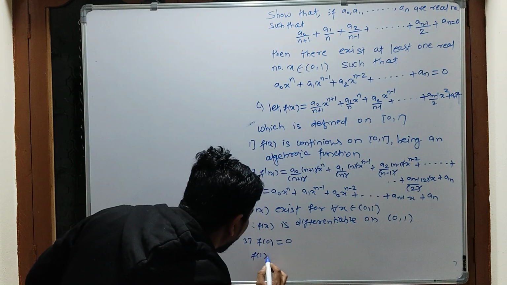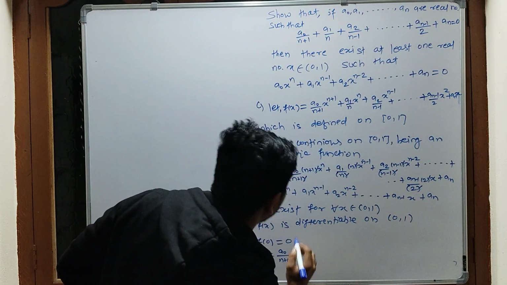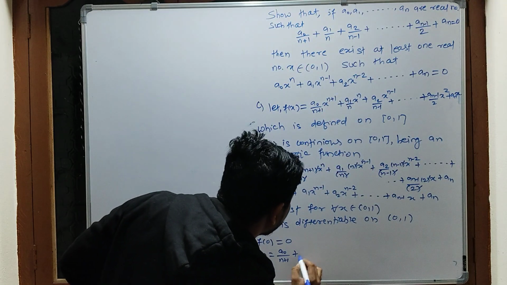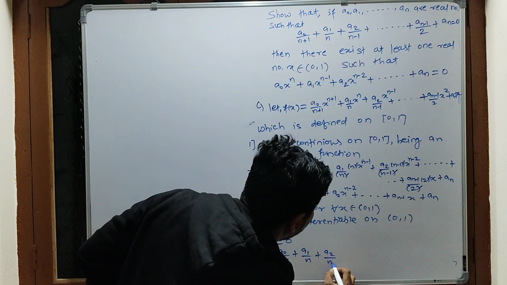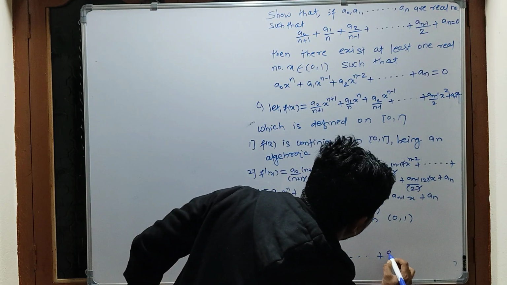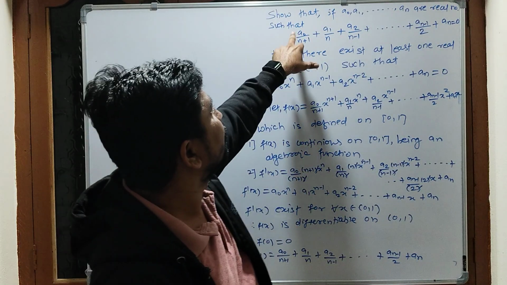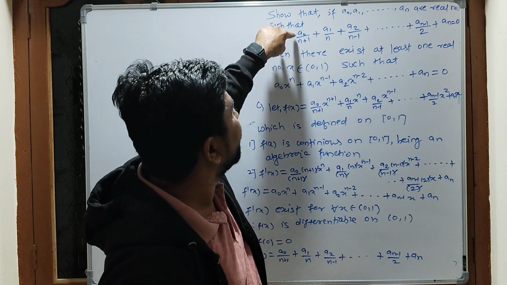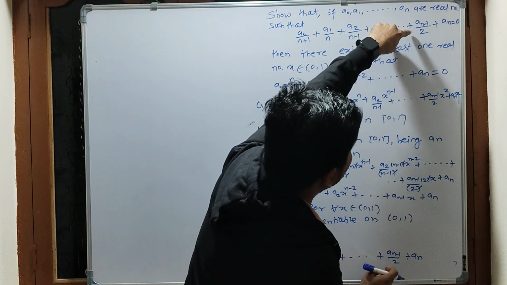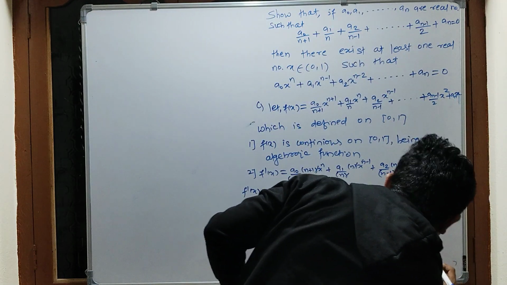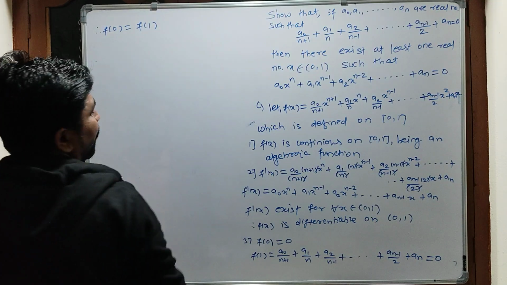Now find f of 1, equal to a0 by n plus 1, since 1 to the power n plus 1 is 1, plus a1 by n plus a2 by n minus 1 plus dash up to an minus 1 by 2 plus an. Now the information given in the question says a0 by n plus 1, a1 by n, a2 by n minus 1, plus an minus 1 by 2, plus an is equal to 0. Therefore f of 0 equals f of 1.